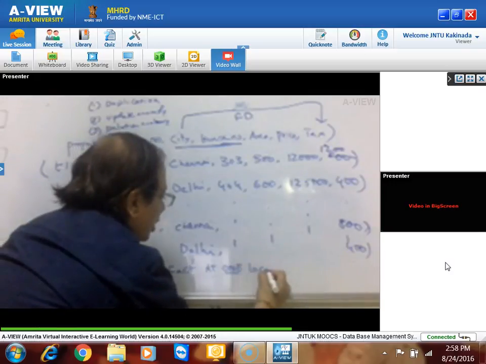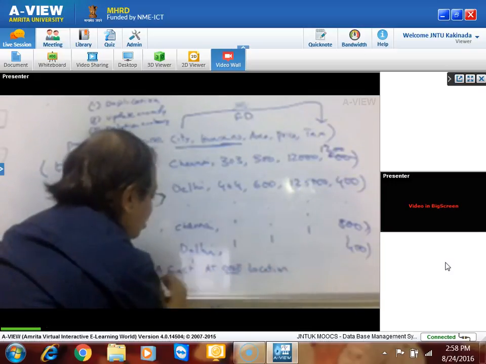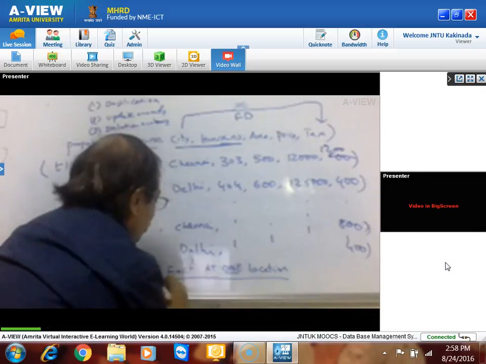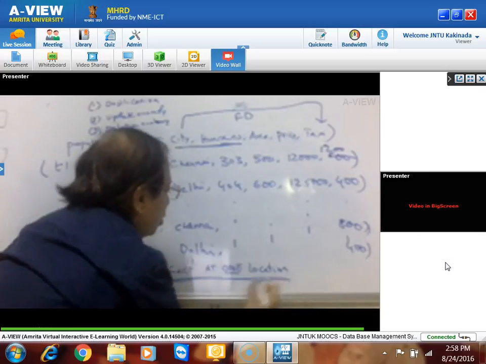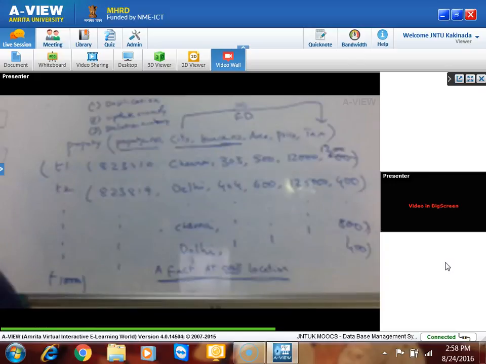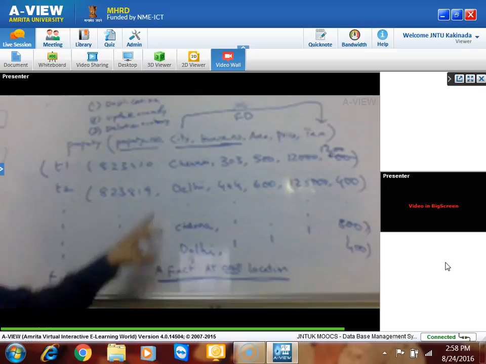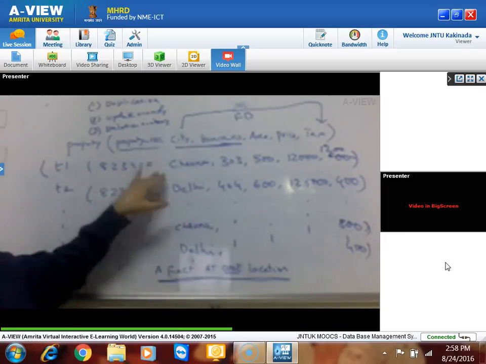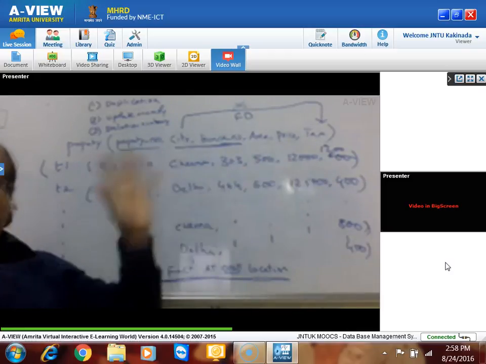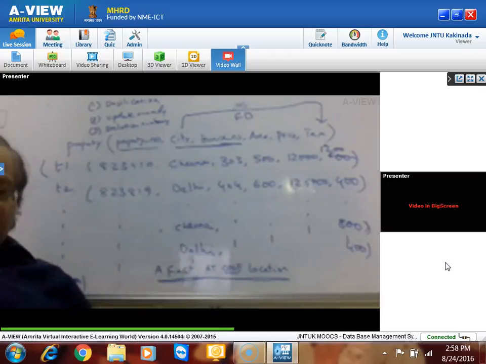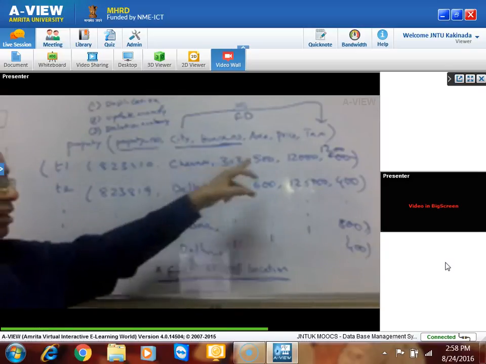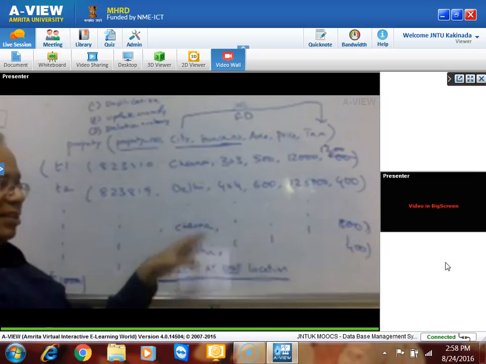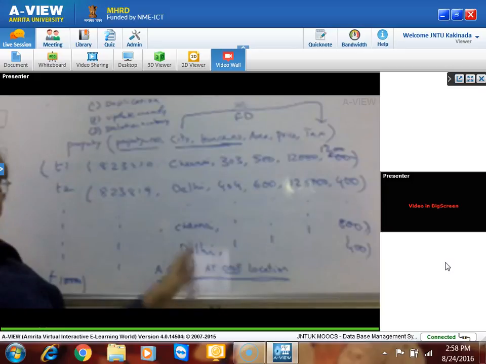You don't want to have the same fact stored in multiple locations. Each piece of information is a fact. City and tax is a fact: Chennai tax is 800. But that fact is getting repeated at multiple places, stored multiple times in your database.